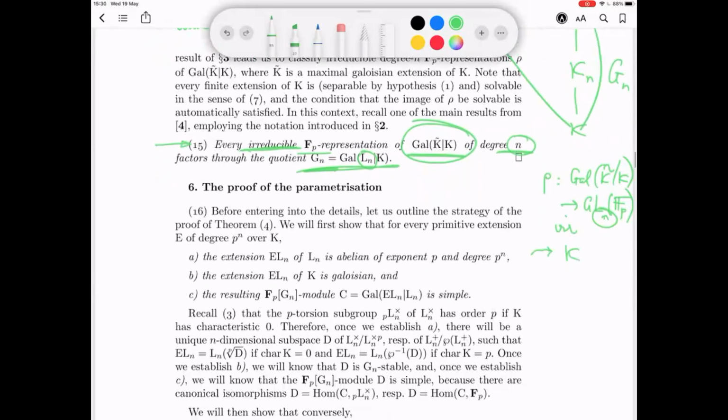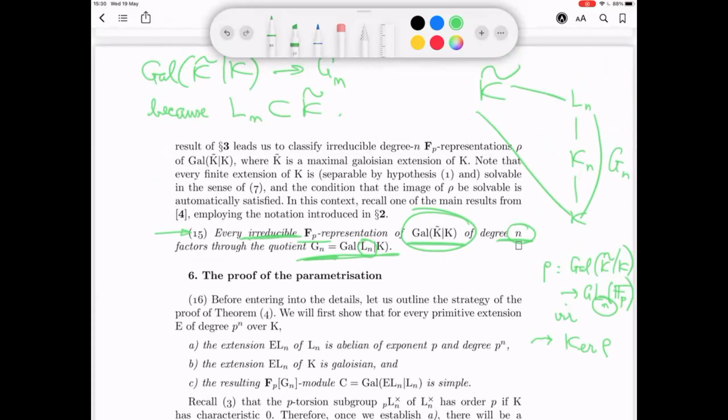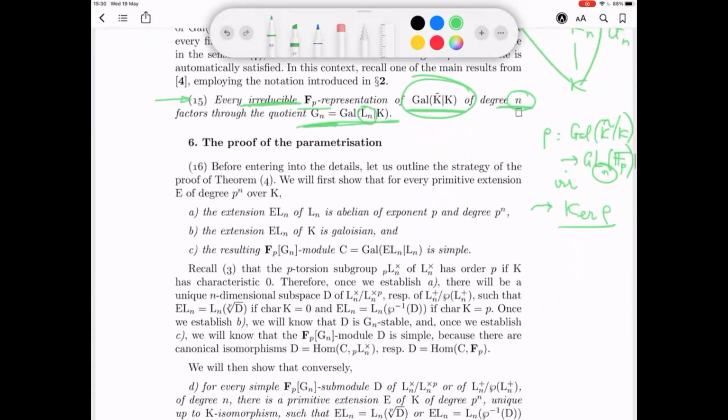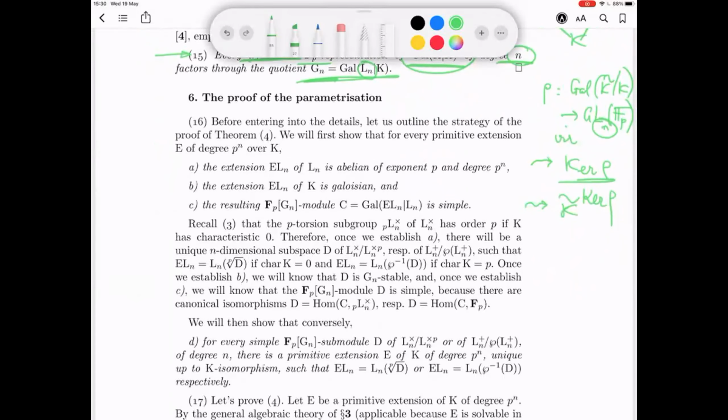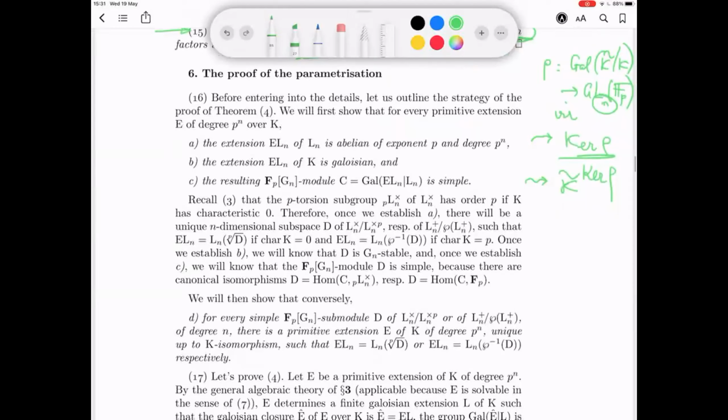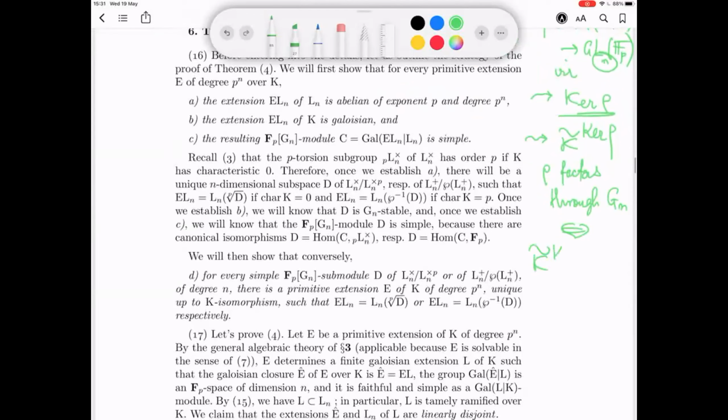Then I always have the kernel, and then I have the fixed field of the kernel. To say that rho factors through Gn is the same as saying that this fixed field of the kernel is contained in this Ln.